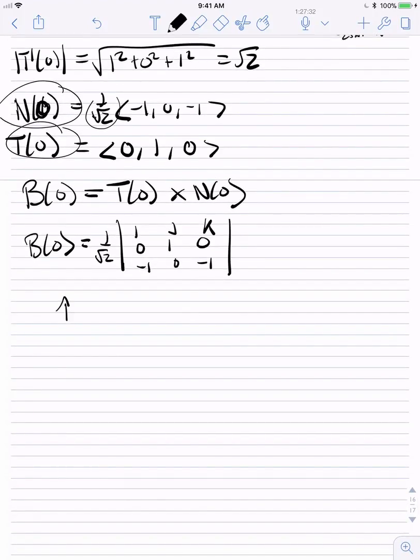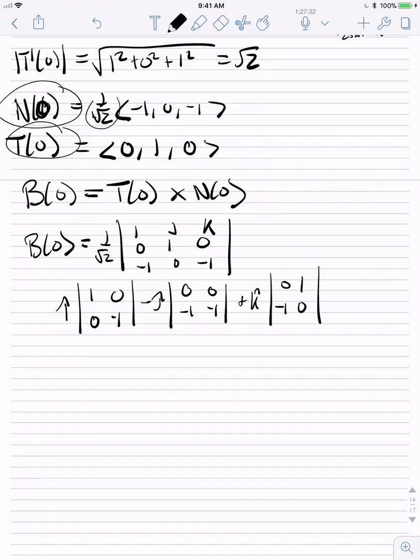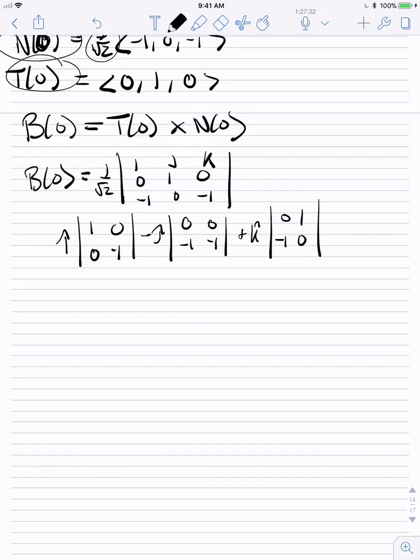If I pull out an i hat, we get 1, 0, 0, negative 1, minus j hat, 0, 0, negative 1, negative 1, plus k hat, 0, 1, negative 1, 0. Now we can do our cross. 1 times negative 1 is negative 1, 0, subtract them, we get negative 1. 0 times negative 1 is 0, same thing.